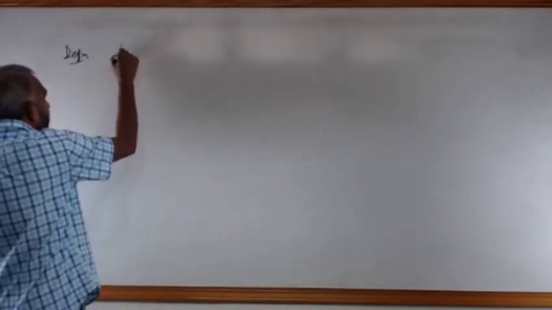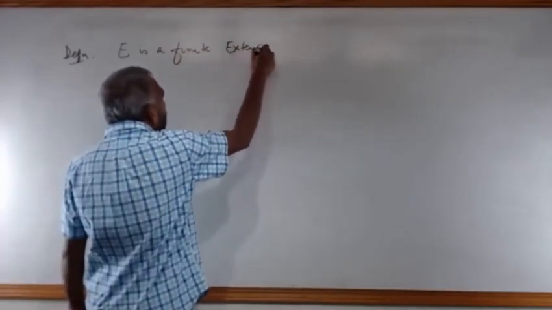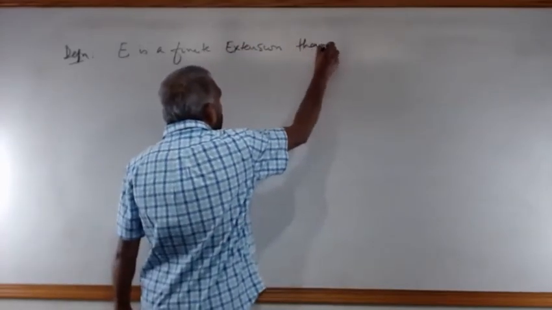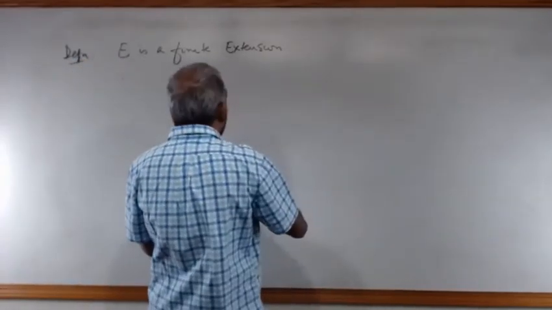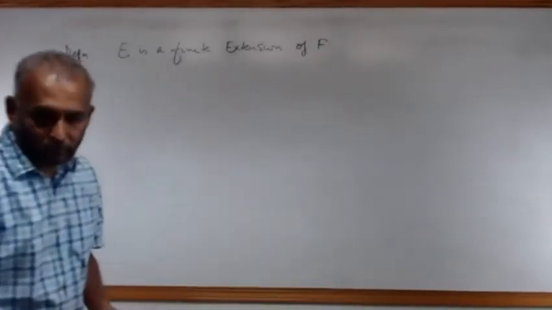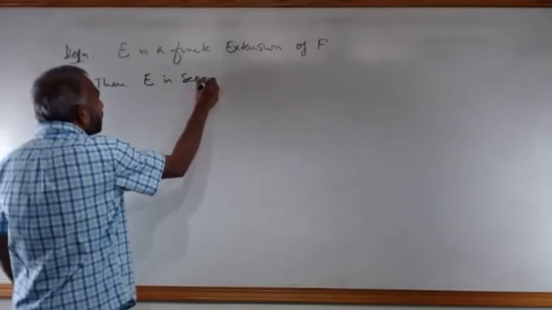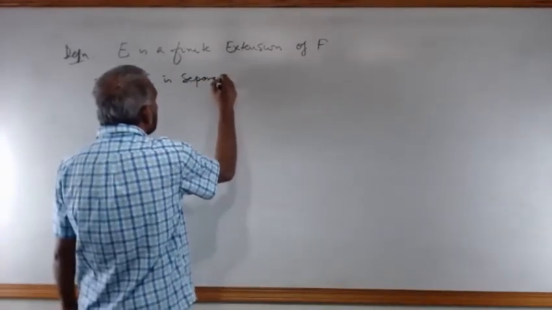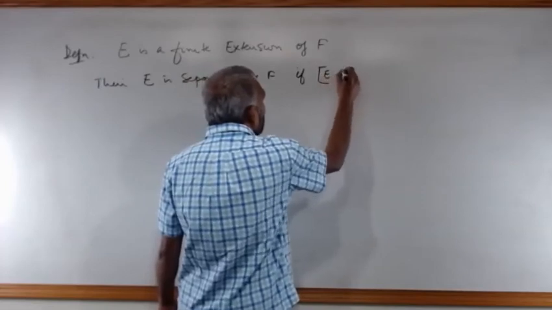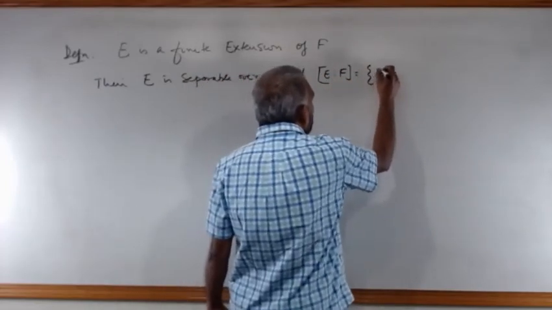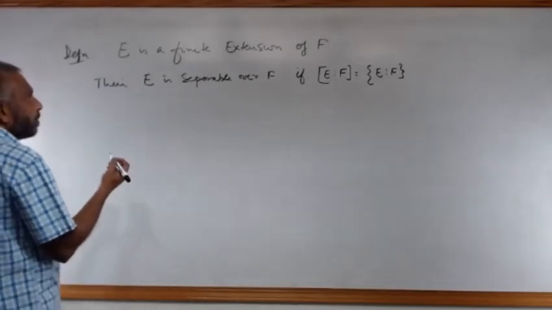I'm going to assume that E is a finite extension of F. Then E is separable over F if the degree is equal to the index.